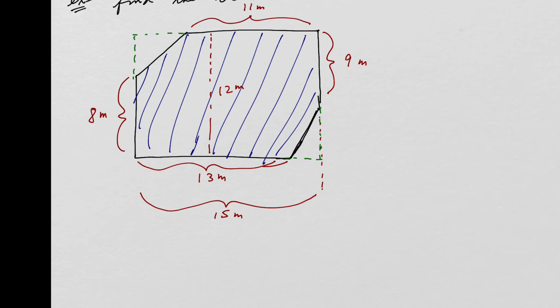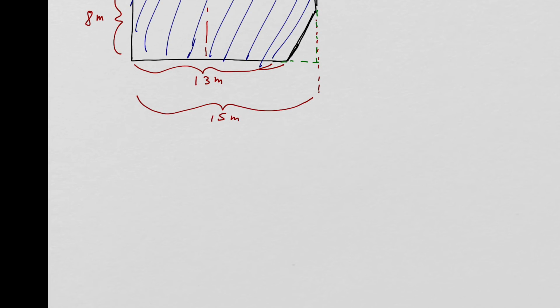But if I calculate that area, I've overcounted, right? I've accidentally counted in this triangle, which I don't want, and I've calculated in this triangle, which I don't want. So why don't I find the area of these two triangles and then subtract them from the area of this huge rectangle, and then what's left is just the area of the shaded region, right? So let me do that in diagrams here.